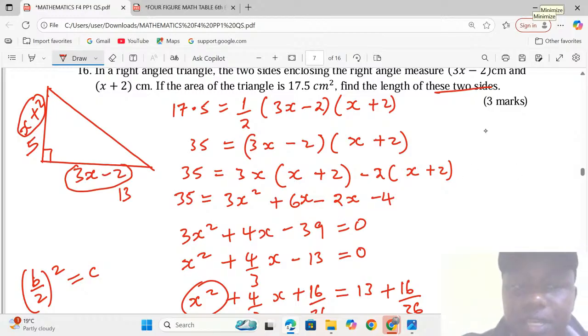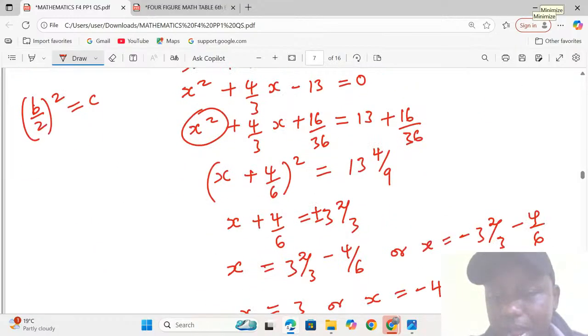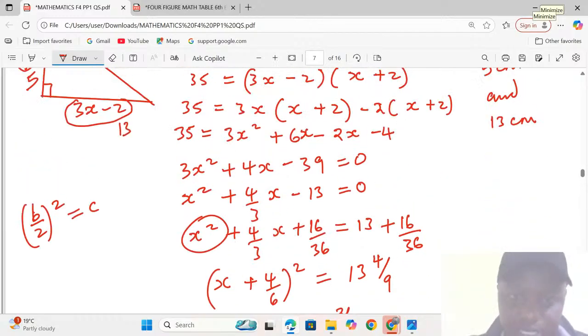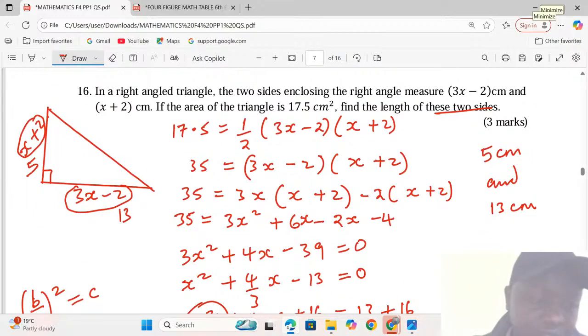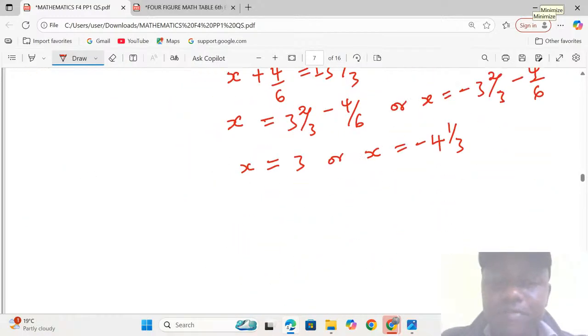It is 5 centimeters and 13 centimeters. The reason why we are not picking the negative part of x is that when we substitute a negative here, we'll get negative length. And it is not realistic to have negative length.